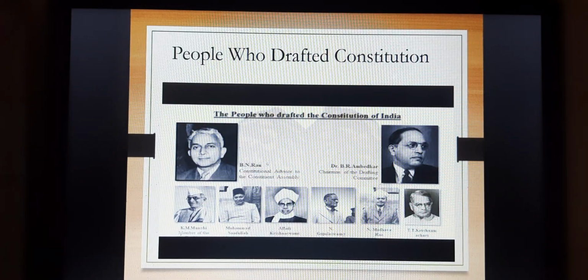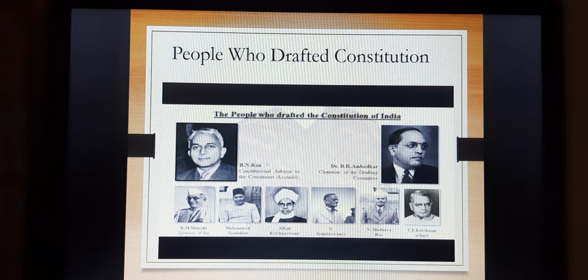Next, here in the picture you can see the people who drafted the Indian constitution. They are B.N. Rao. Who was B.N. Rao? B.N. Rao was the constitutional advisor to the Constituent Assembly. Dr. B.R. Ambedkar was the chairman of the drafting committee.